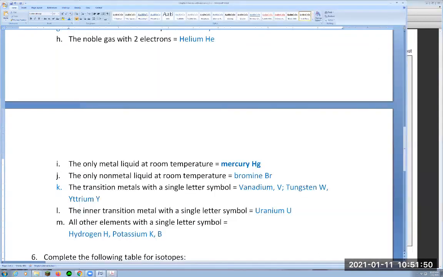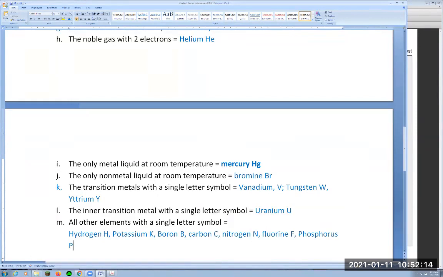Boron with capital B. Carbon, capital C. Nitrogen, capital N. Fluorine, capital F. Phosphorus, capital P. Sulfur, S. Iodine, I. So boron, carbon, nitrogen, fluorine, phosphorus, sulfur, iodine.